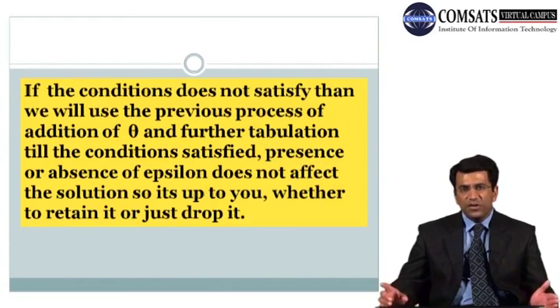So after incorporating that value of theta, again we will have to tabulate our problem, and again we will have to find the shadow cost. So this is a sort of loop, and we will have to continue these steps until we have achieved our optimal solution. So the further tabulation will have to be made till the conditions are satisfied.